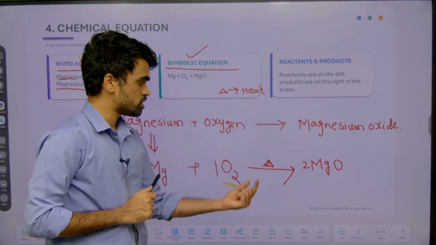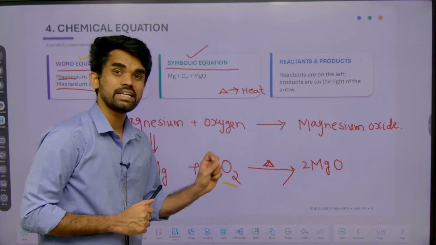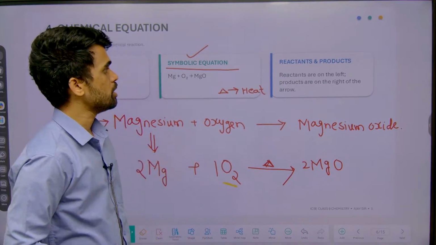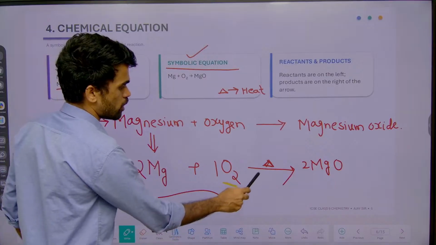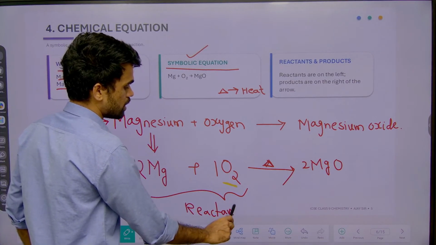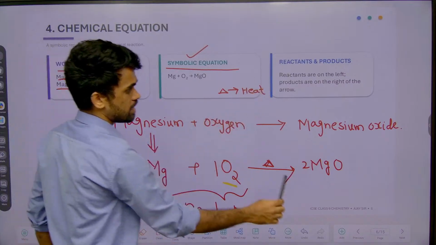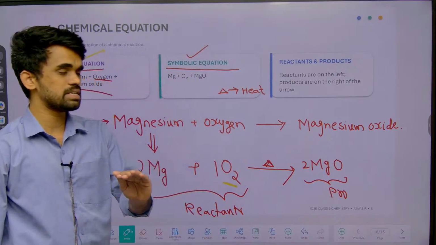Say in a combustion reaction, we are burning during the reaction; that is what delta indicates, heat. The left side of the arrow mark is called reactants, the starting materials, and the right side is called products. I hope up to here the basics are clear, right?